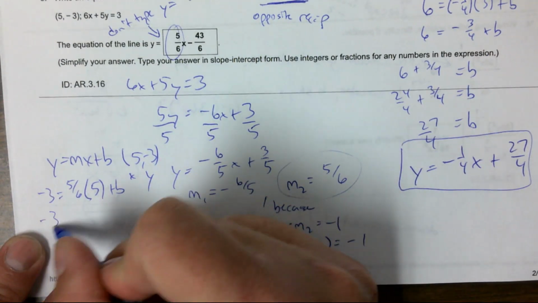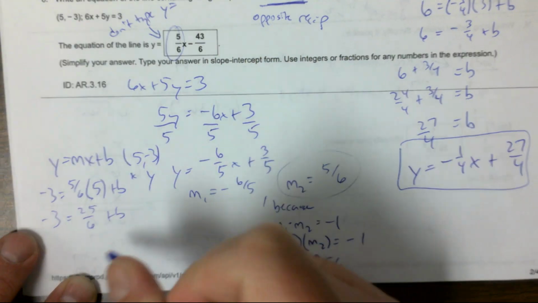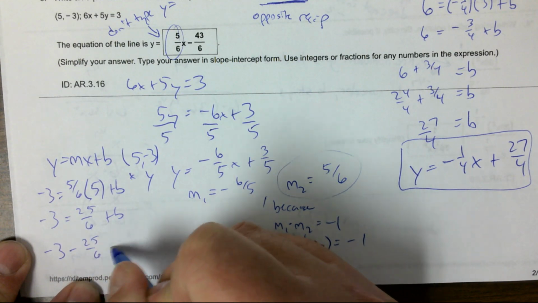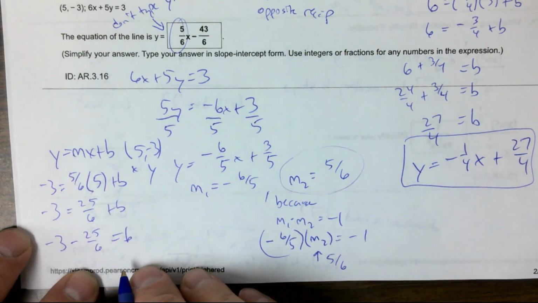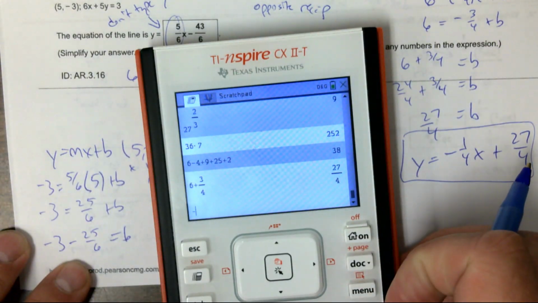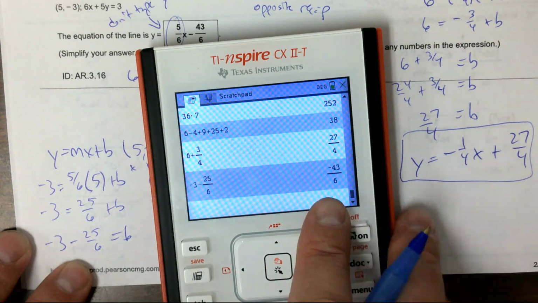You are going to get fraction answers, so don't be surprised about that. We're going to do -3 minus 25/6 equals b, and I'm just going to type that on the calculator. -3 minus 25/6 is -43/6.